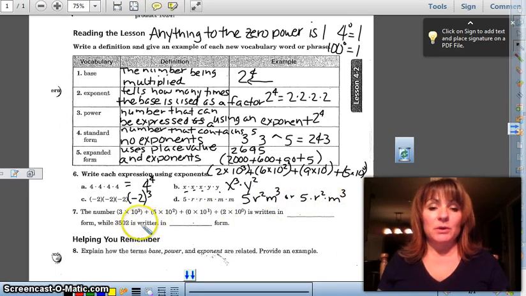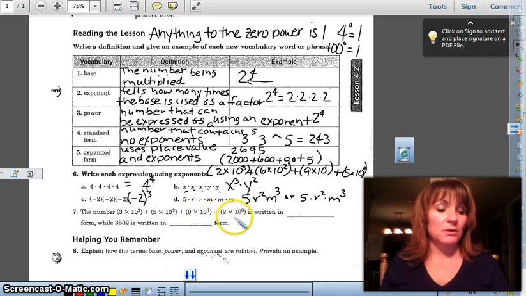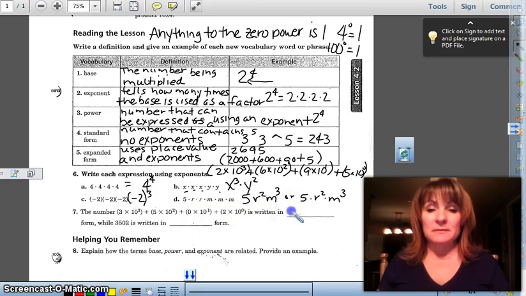All right, so the number 3 times 10 to the third plus 5 times 10 to the second plus 0 times 10 to the 1 plus 2 times 10 to the 0 is written in expanded form. And then notice this matches. The 3 times 10 to the third is 3,000, right?